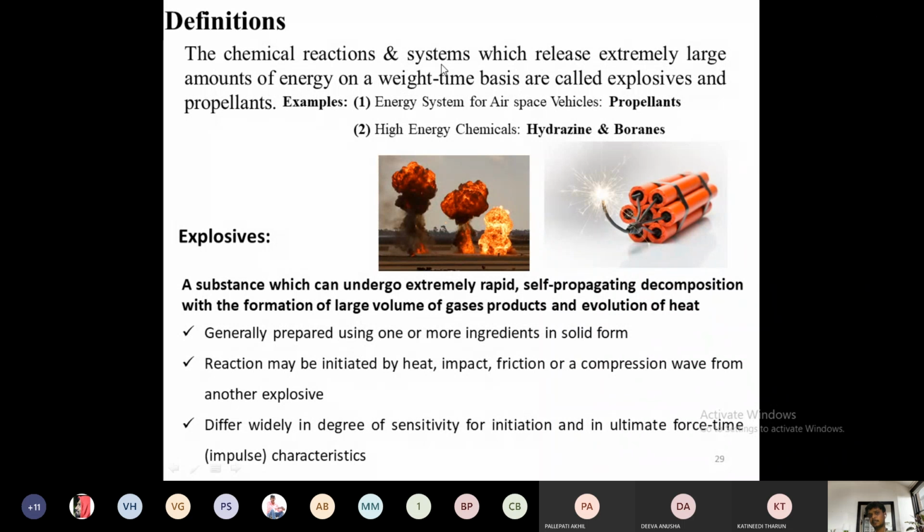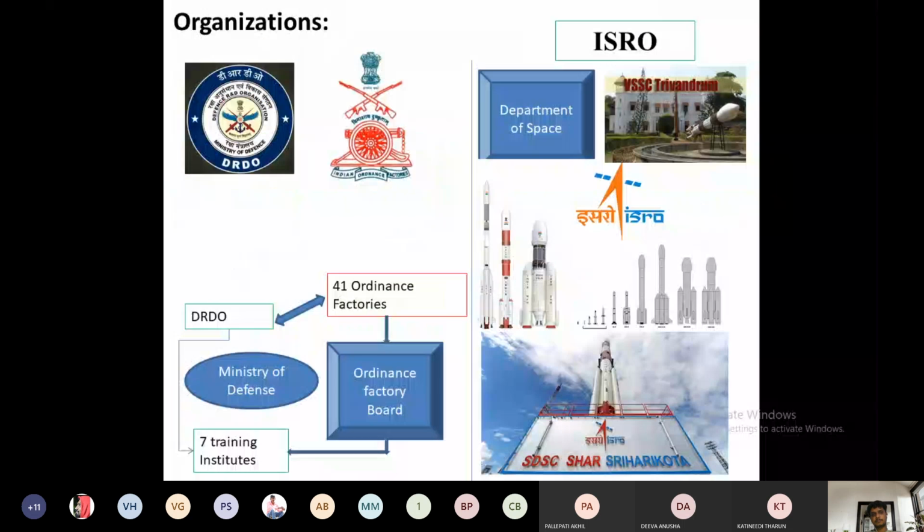The chemical reactions and systems which release an extremely large amount of energy on a weight time basis are called explosives and propellants. So these two are the energy systems for space vehicles, and high energy chemicals like hydrogen and boranes are also considered energy systems.